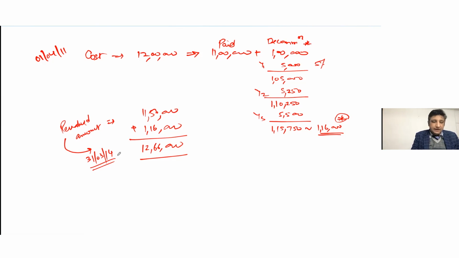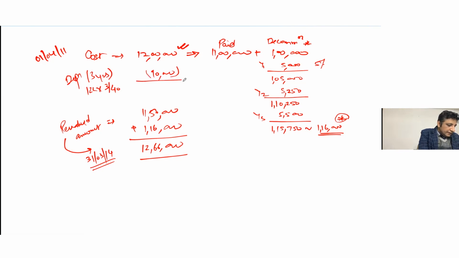Now, against this, what is the carrying value? That's what we need to determine. We are given that the cost of the asset is 12 lakhs. If I were to depreciate it for 3 years, and the total useful life is 40 years, it simply means 12 lakh into 3 by 40. That gives me 90,000, which means that the carrying value of the asset on 31st of March 14 is 11,10,000, against which the revalued amount is coming at 12,66,000.